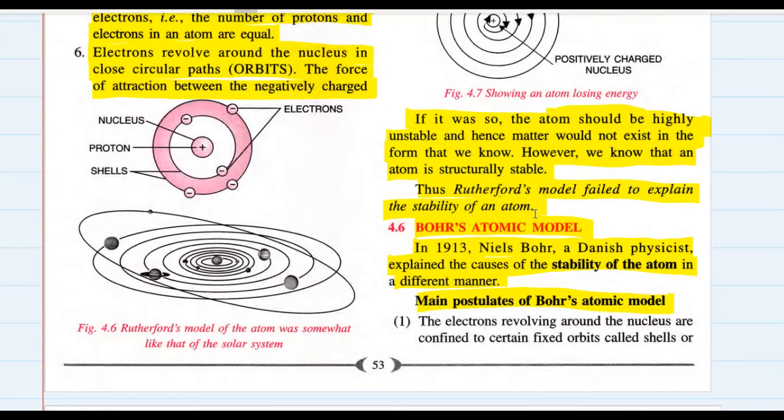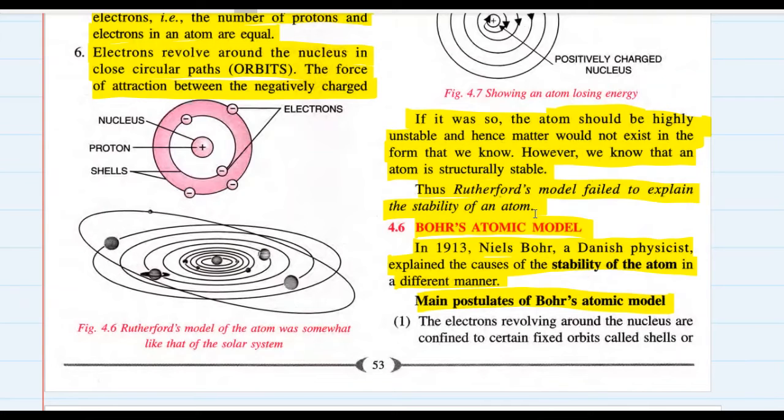Rutherford did not give any idea regarding how electrons were located in those orbits. How many electrons were there, and all the details regarding the electrons, were not given by Rutherford.